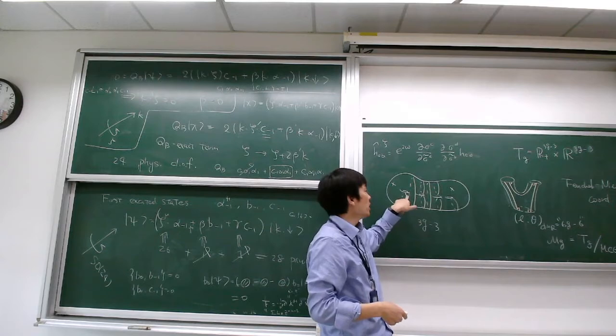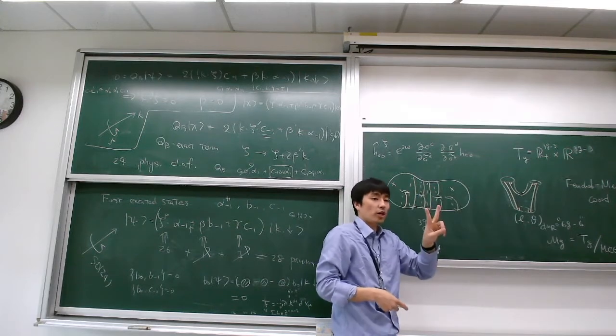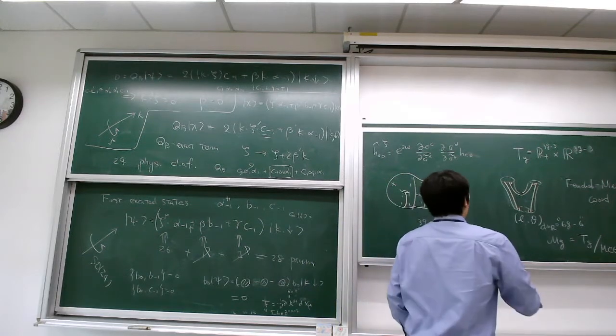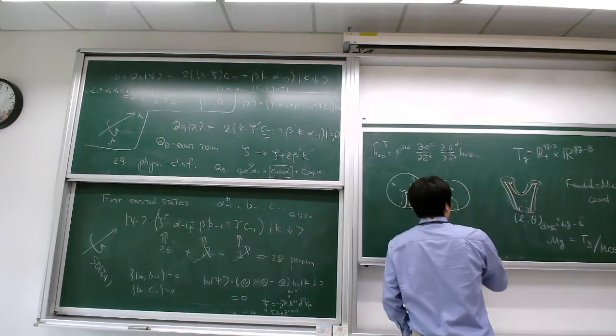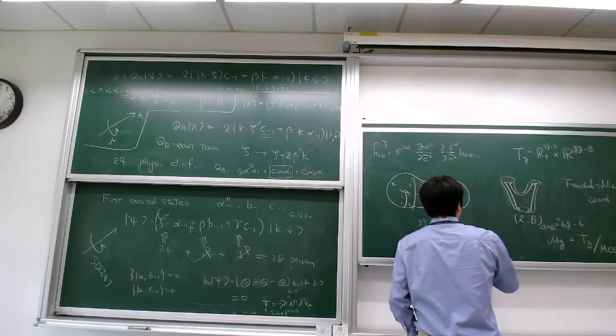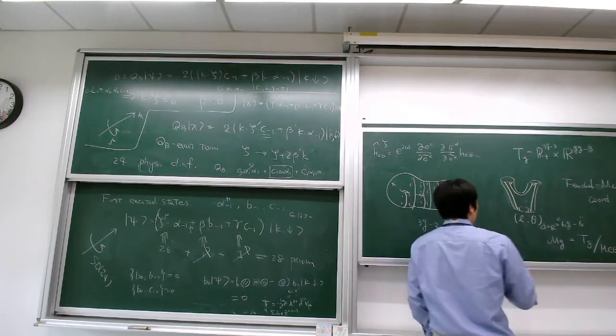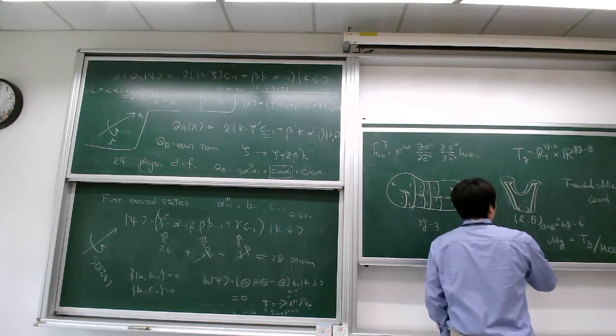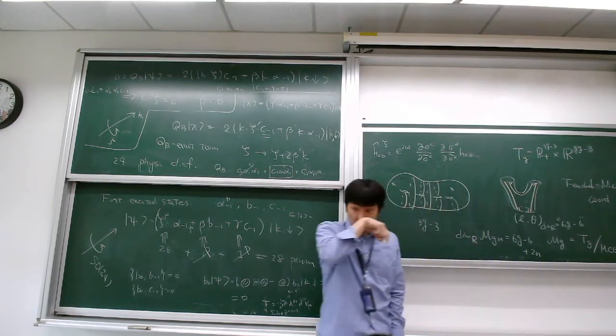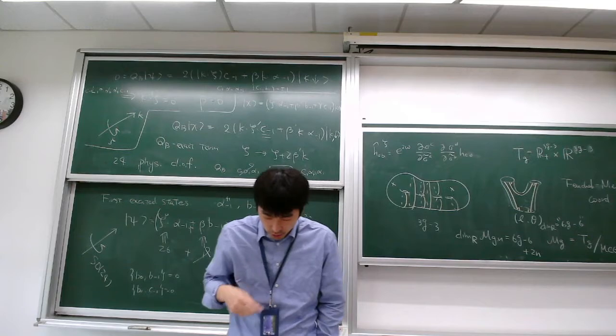Therefore, each puncture will give you 2 moduli. Therefore, the real dimension of the moduli space of an n-punctured genus g Riemann surface is 6g minus 6 plus 2 times n. That's the dimension of the moduli space of a punctured Riemann surface.